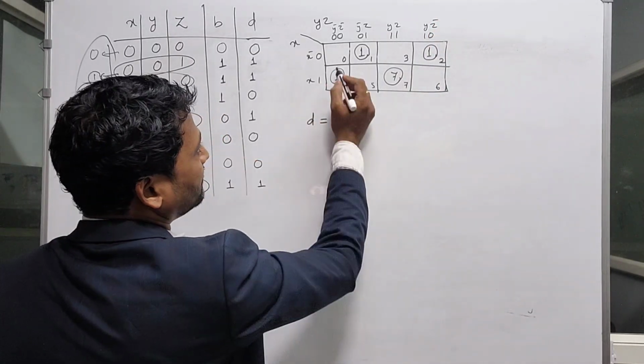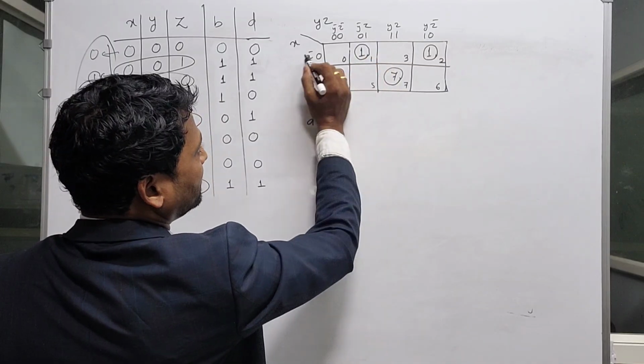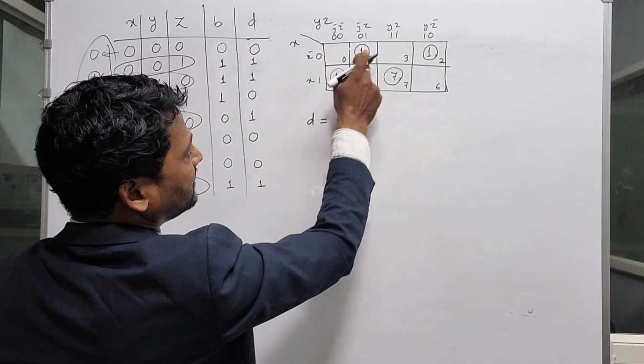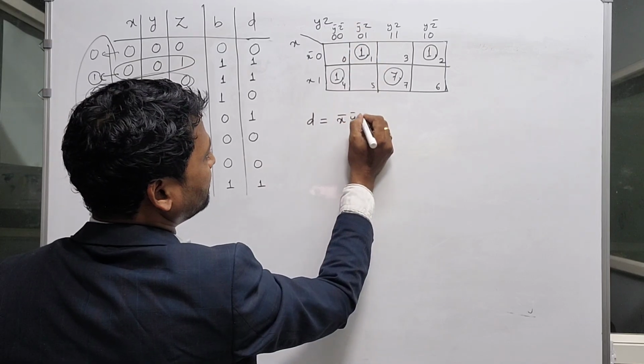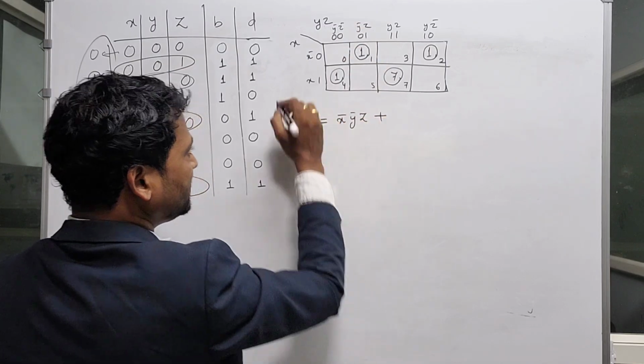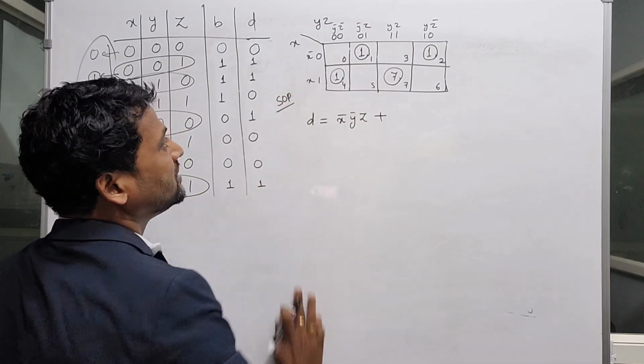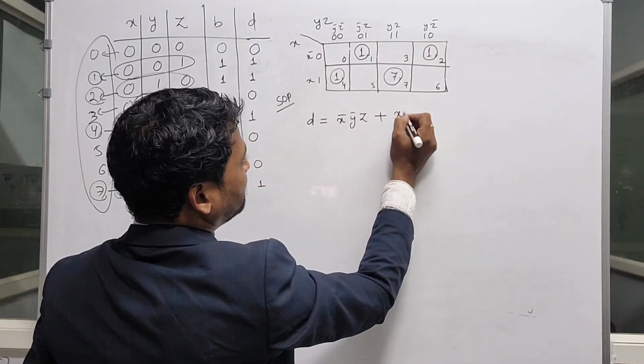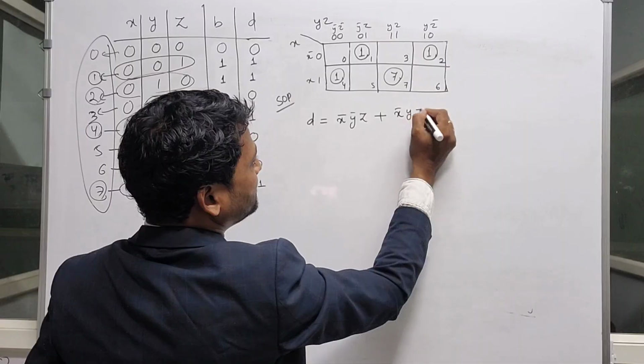So what will the difference be? For the first one, from the row side you take x bar, and from the column side you take y bar z, plus, since we have to write in SOP form, sum of product. Coming to the second one, the corresponding row is x bar and the column is y z bar.